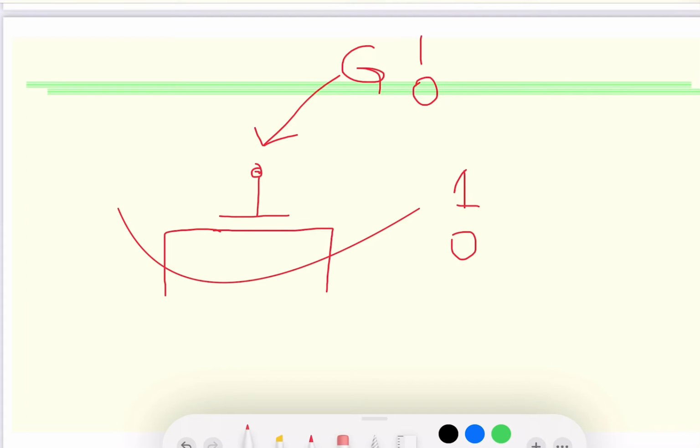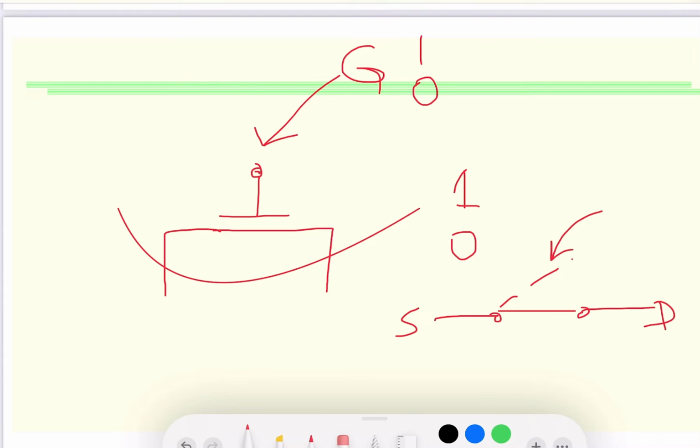Specifically, if you think about it, an NMOS transistor behaves like a closed switch when its gate value is high. If I take this as a switch, it behaves as a switch between source and drain depending on whatever the gate voltage is.